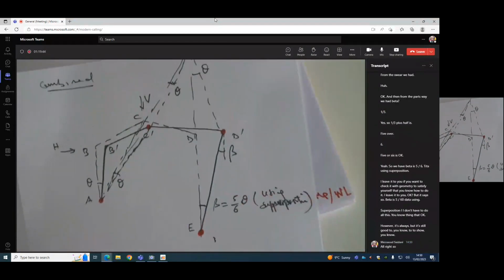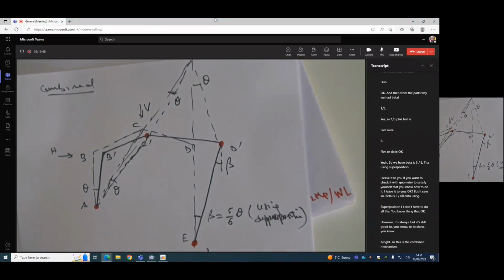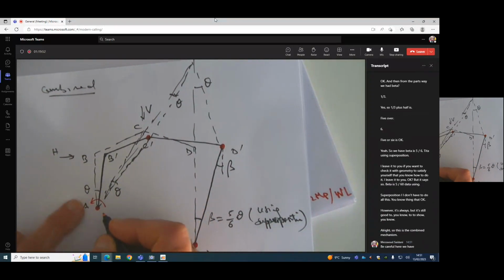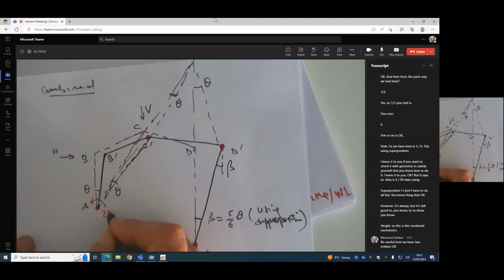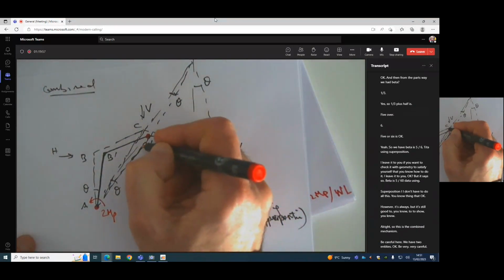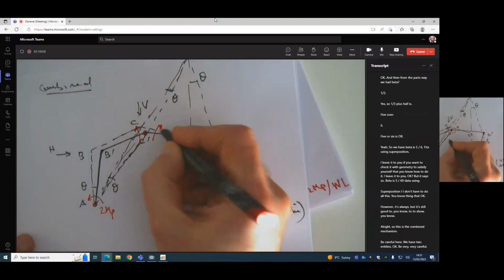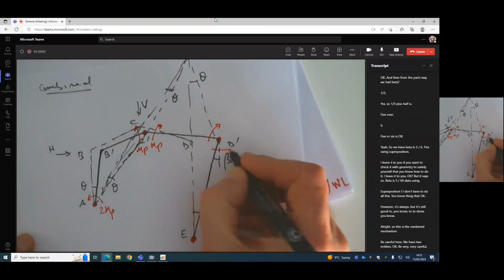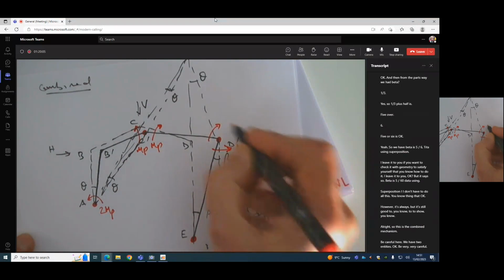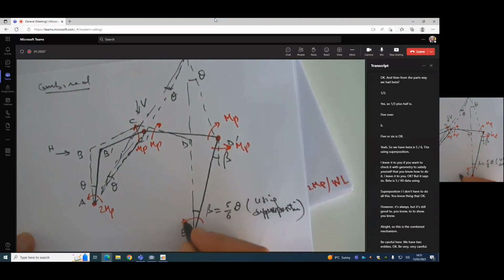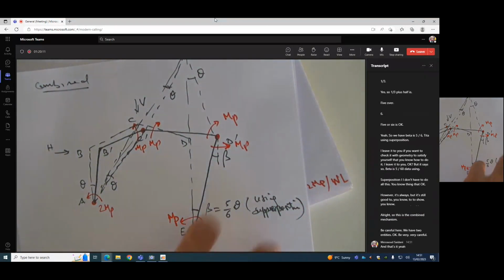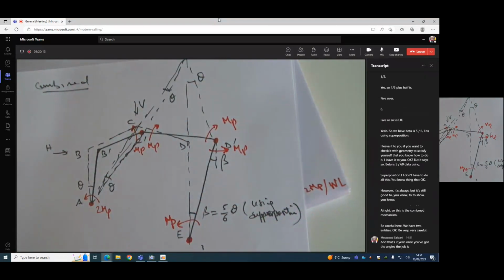So this is the combined mechanism. Be careful here. We have 2 MP theta, okay? Be very, very careful. And that's it. Once you've got the angles, the job is done, right?